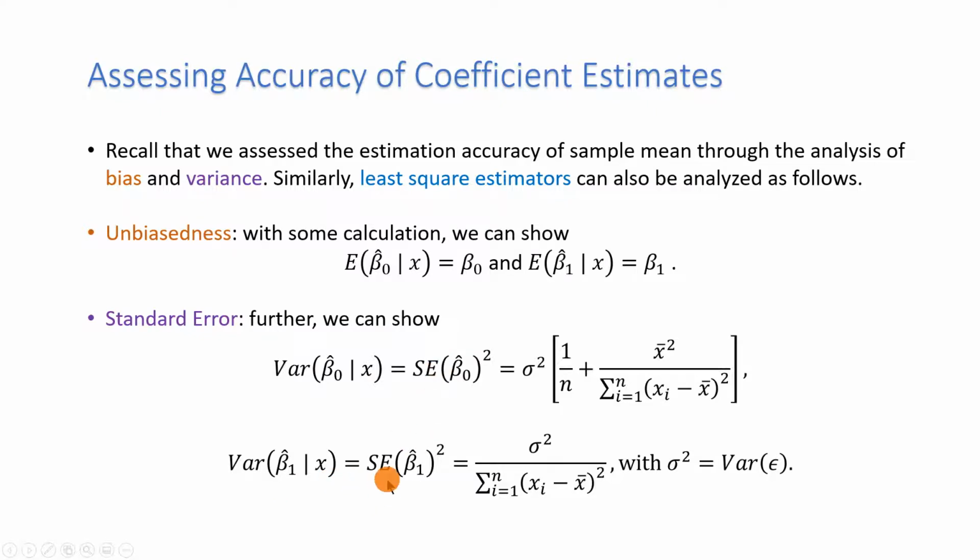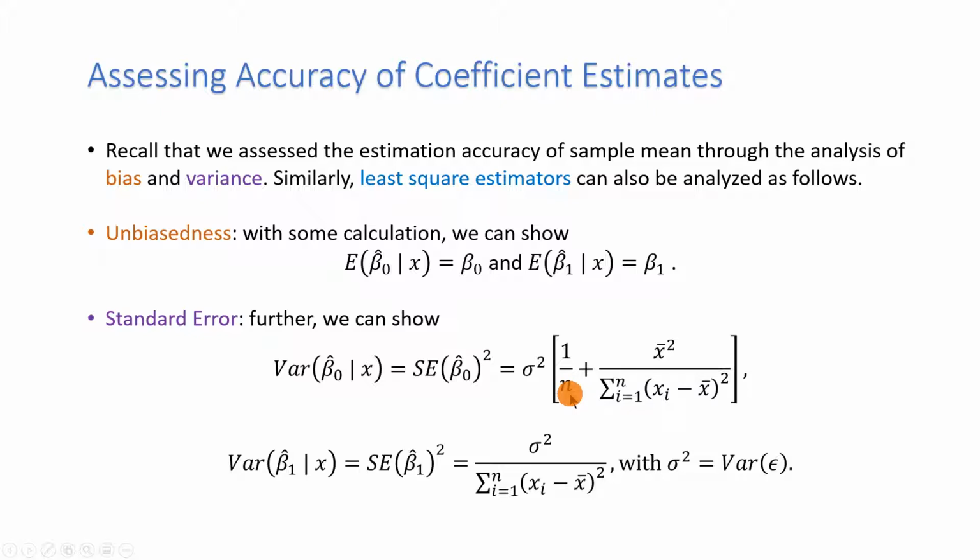For either case, we can show that the standard error of beta 0 hat and of beta 1 hat roughly depends on two items. The first item is sigma square, which is the population variance of your approximation error epsilon, an unknown parameter to us. On the other hand, this sigma square is scaled by a quantity of order 1 over n, which depends on your sample size n.